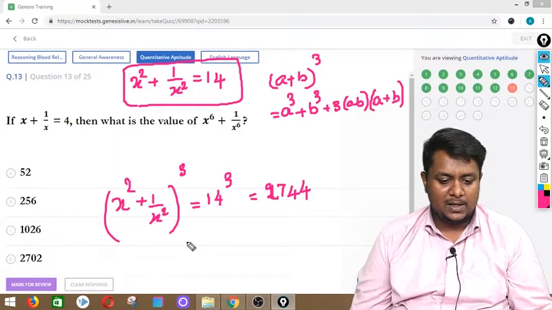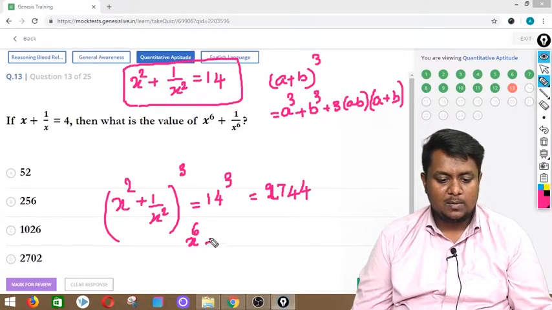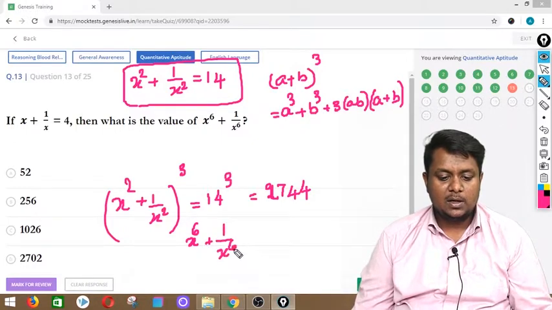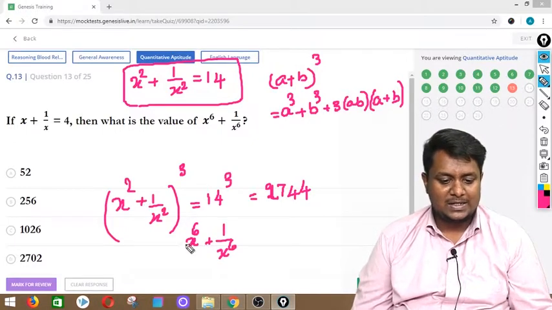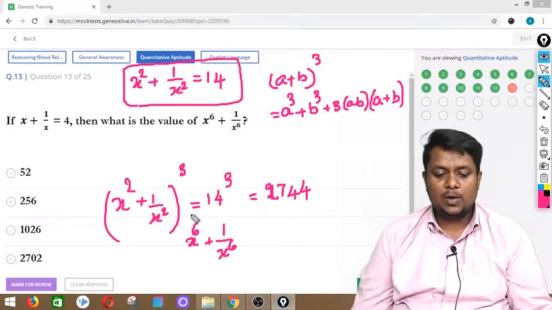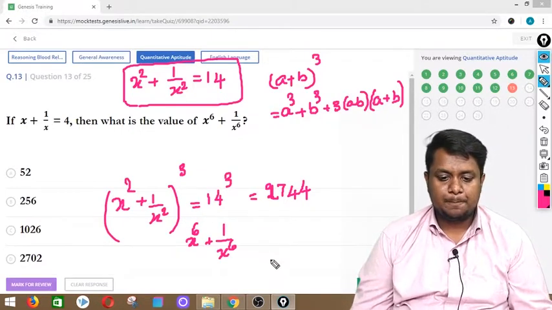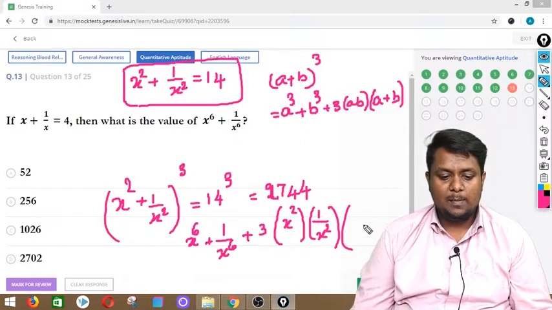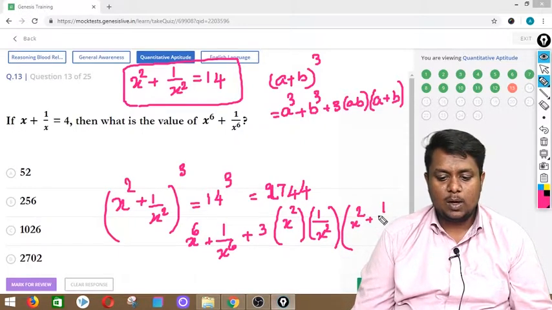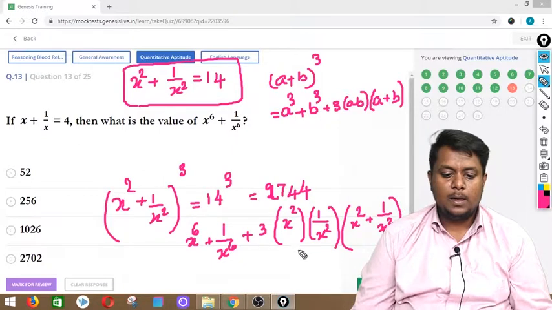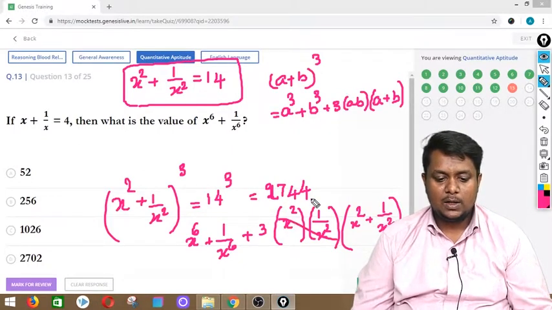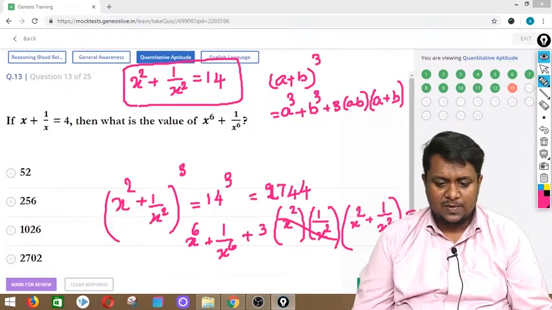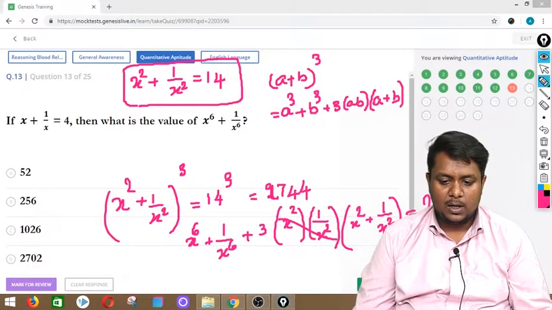So when we expand this, we will get x power 6 plus 1 by x power 6, since x square power 3 is x power 6 and 1 by x square power 3 is 1 by x power 6, plus 3 into x square into 1 by x square into a plus b, which is x square plus 1 by x square. Now this part will get cancelled out. And this value is equal to 2744.